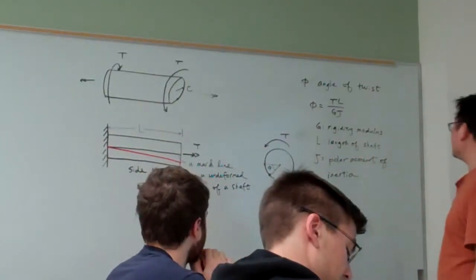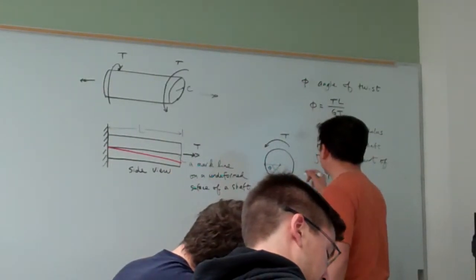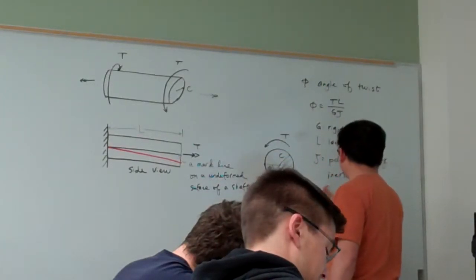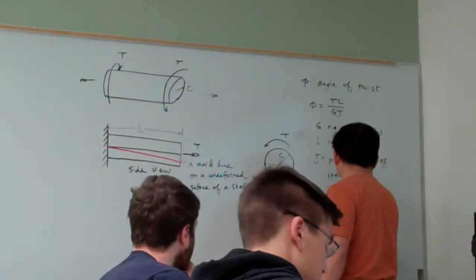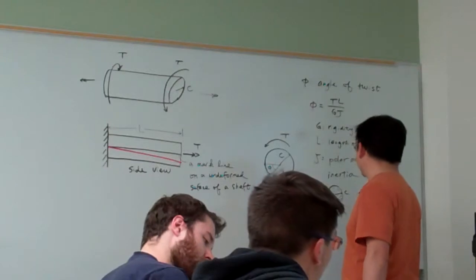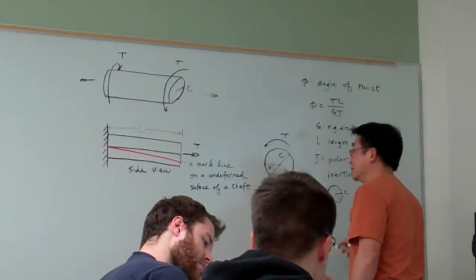For the solid shaft, if the radius is C, J equals pi over 2 C to the 4th power.